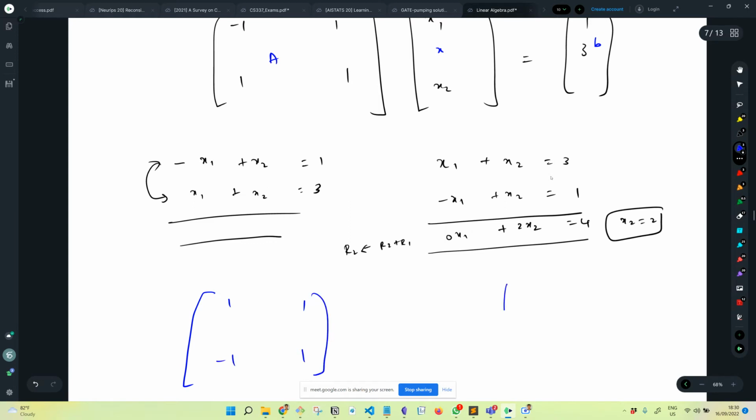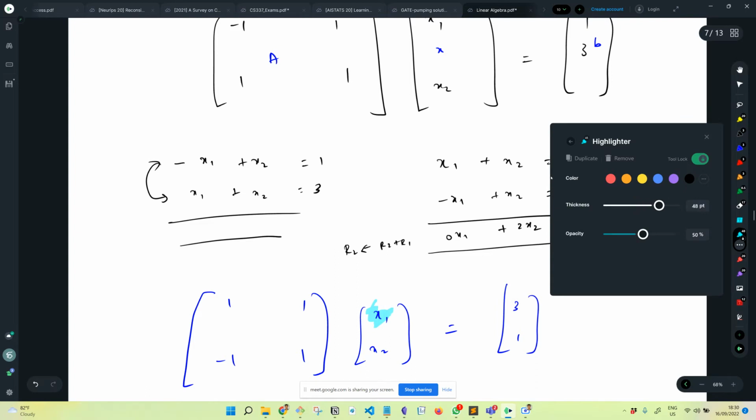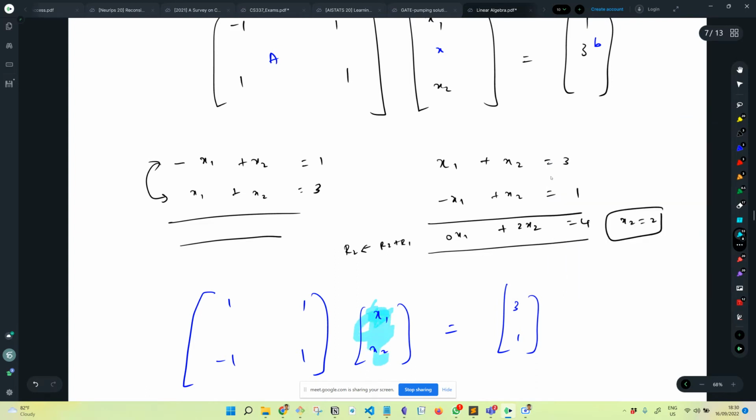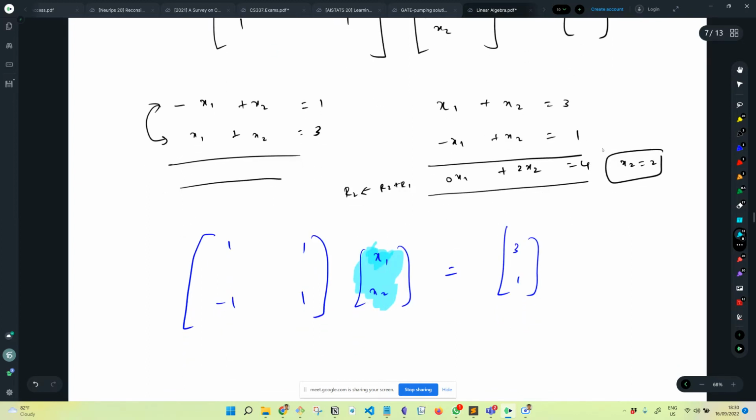A will get swapped, B will also get swapped to [3; 1], but you should not swap x. The vector x will still be [x1; x2]. Do you see why?